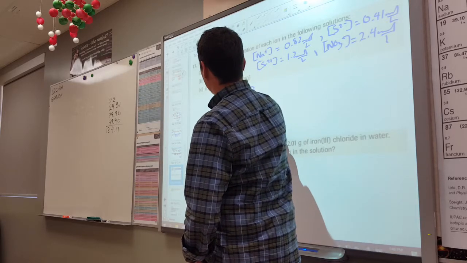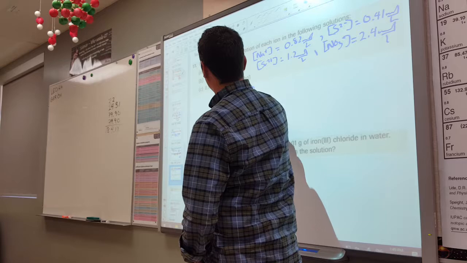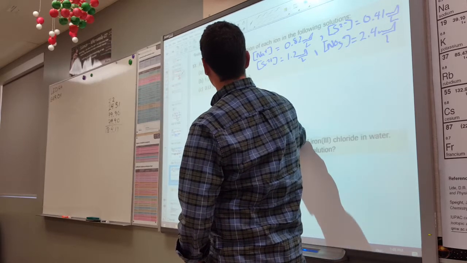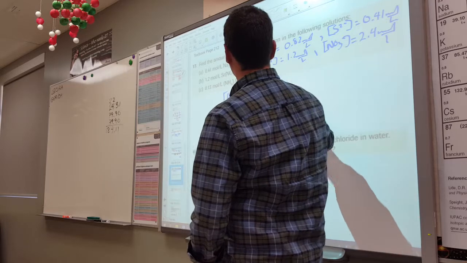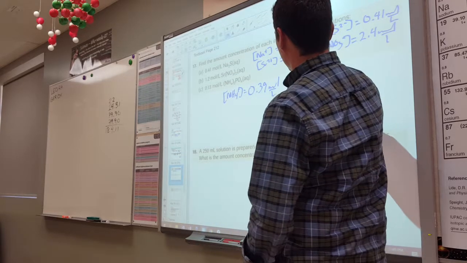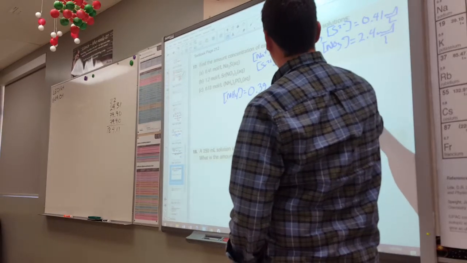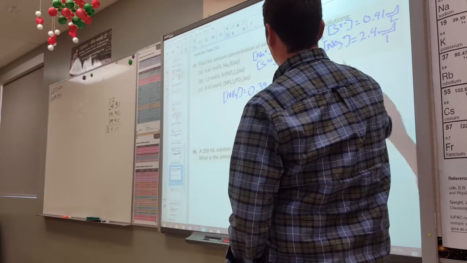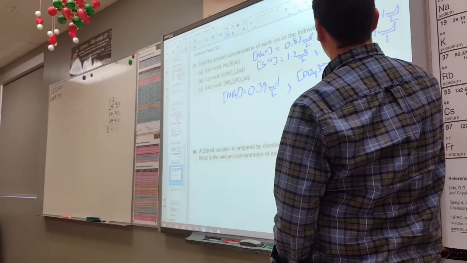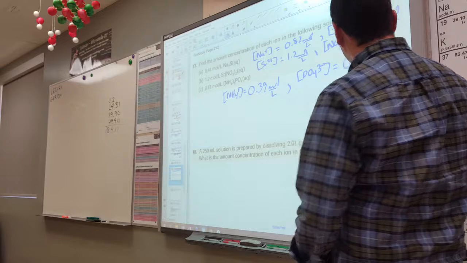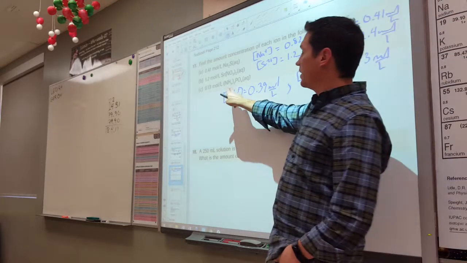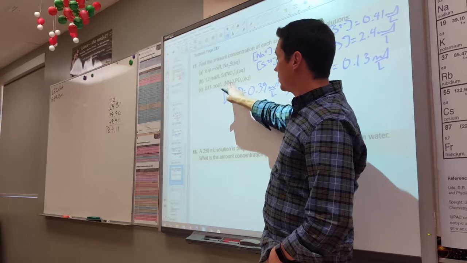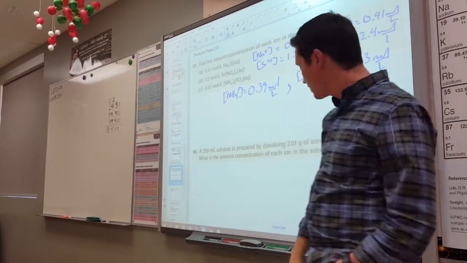The concentration of ammonium ions is 0.39 moles per liter. And the concentration of phosphate, PO4 3 minus, is just 0.13 moles per liter. All I'm doing is knowing that this thing splits up into 3 of these, so it's 3 times the original concentration.